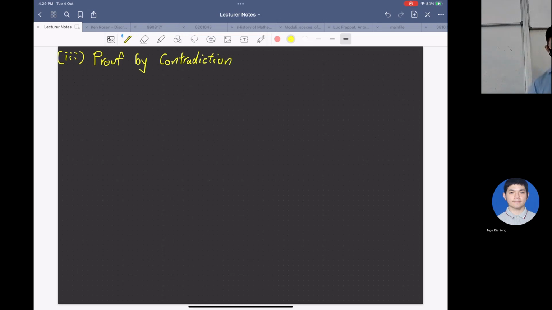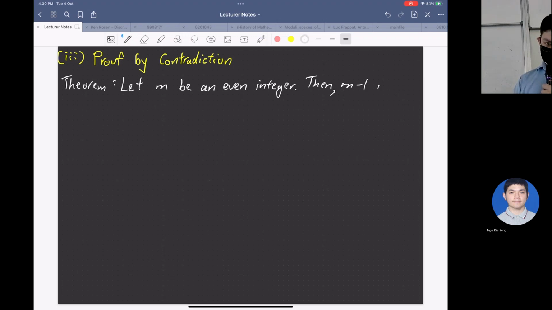Okay, so same theorem, okay? Same theorem. So, if n is an even integer, then n minus 1 is odd. Okay, proof. So how does proof by contradiction work?